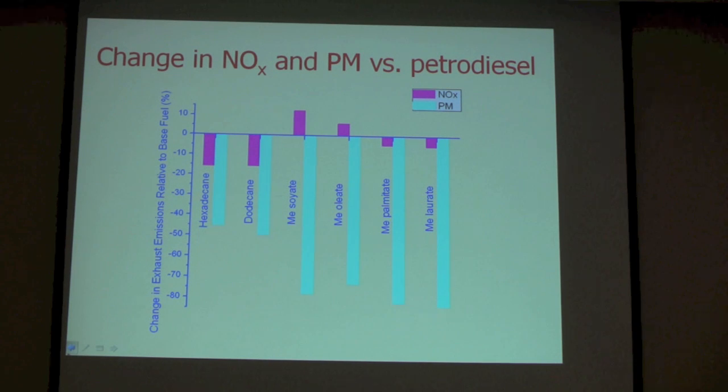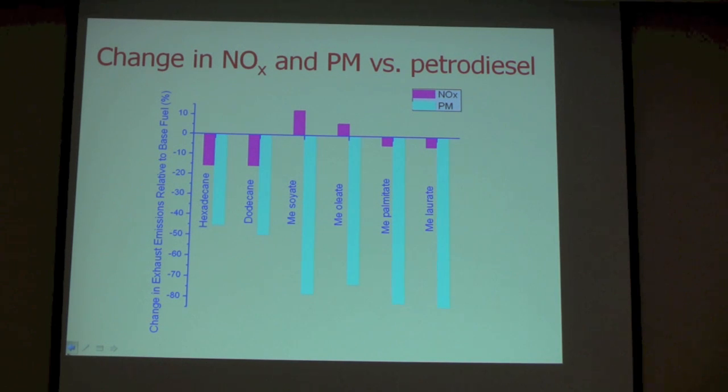The reason probably is the technical grade methyl oleate we used was 77% pure. There were some other fatty ester components. So overall, unsaturation was probably lower than the methyl soyate.